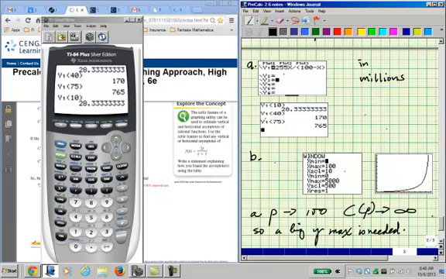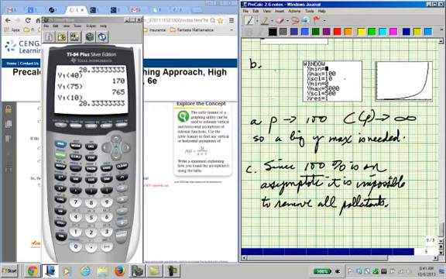Why do you have to do that? Because 100 is an asymptote. As p approaches 100, the cost of p is going to approach infinity. So you need somewhat of a big max. But if the max gets too big, then most of your graph is just going to be completely flat. You're not going to be able to see any of it.